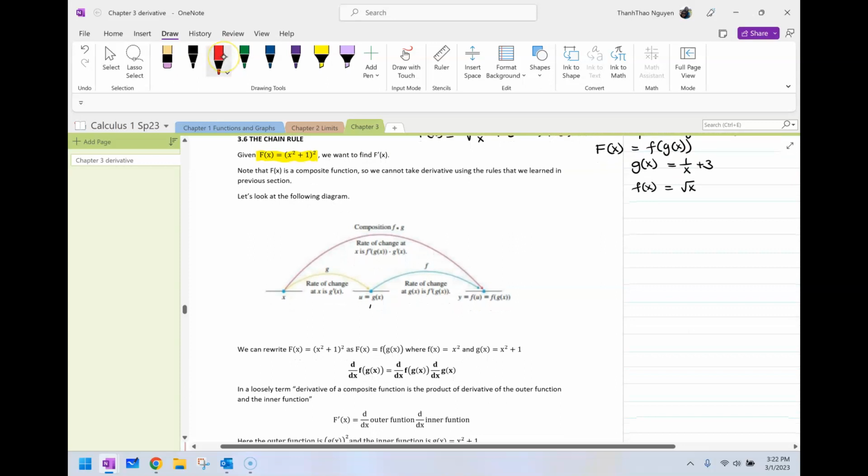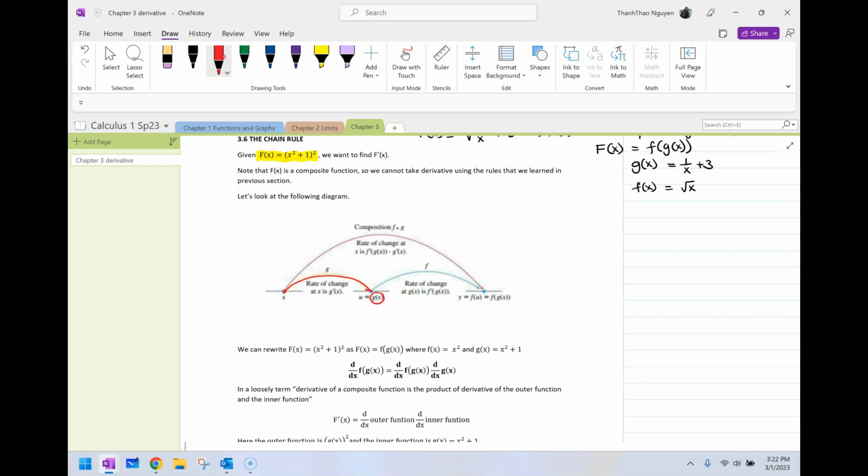So how do we take the derivative of the composite function? Note that the function g of x, taking the value from x, would mean the rate of change of x is g prime of x, or the derivative.